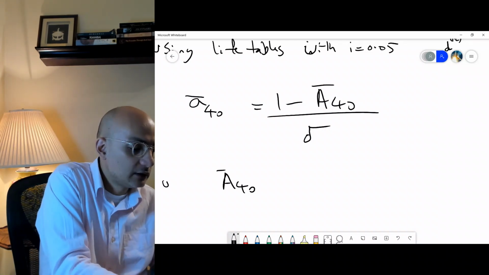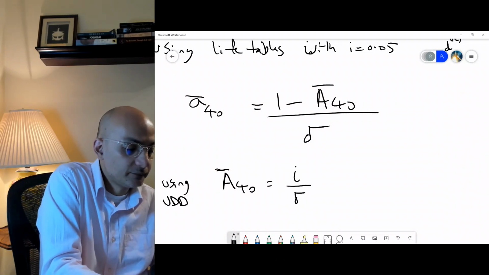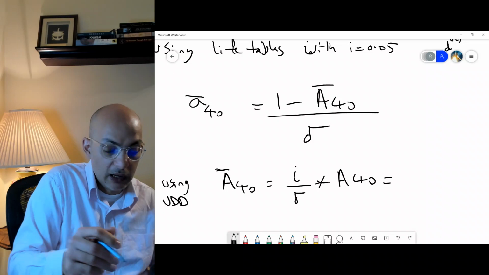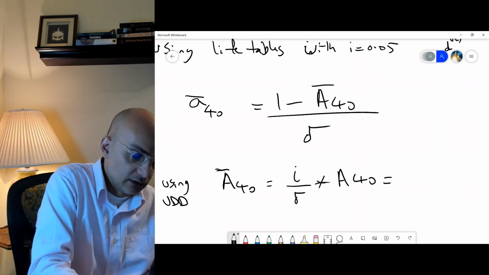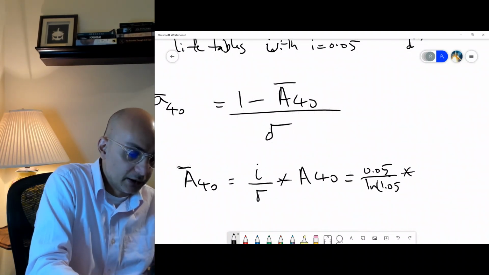Now using UDD, and this is an approximation, A40 we already did it to be I over delta multiplied by A40. Now I over delta, I mean 0.5 divided by ln 105, multiplied by what is our A40.